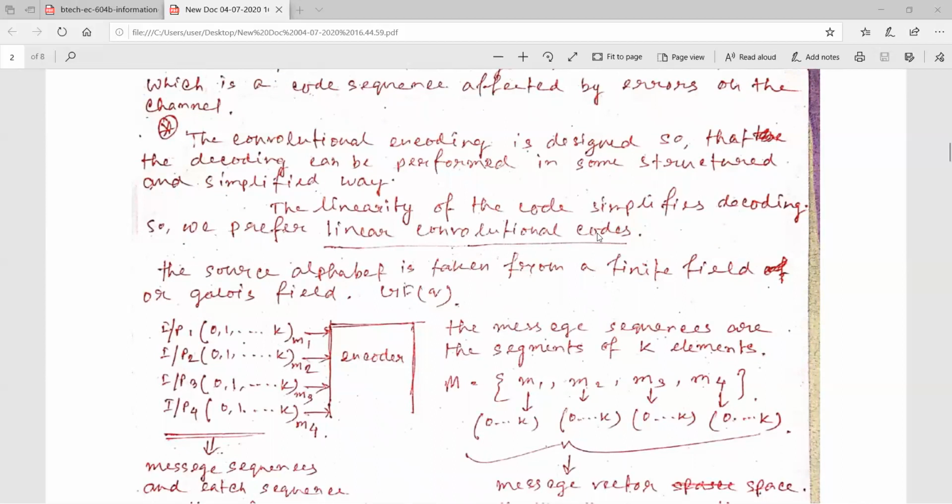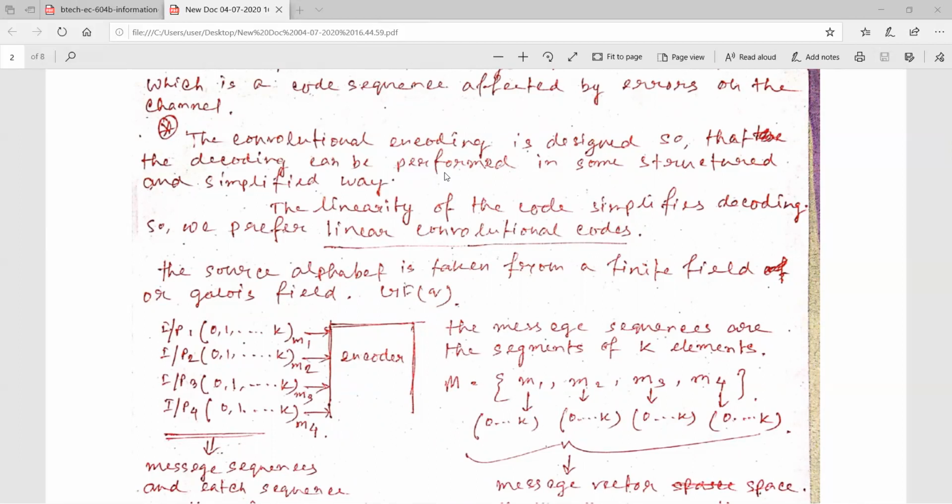This convolutional code is basically designed so that the decoding can be performed in some structured and simplified way. That means when the coded messages are received by the receiver, they can be decoded very simply and in a very fast way.